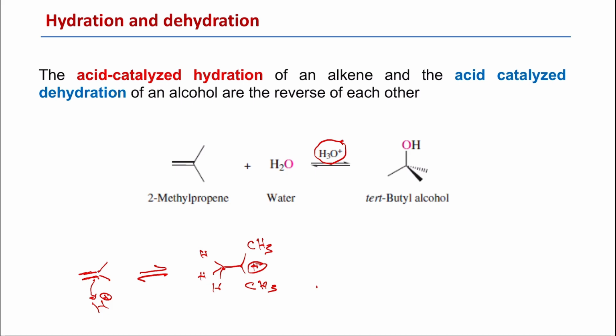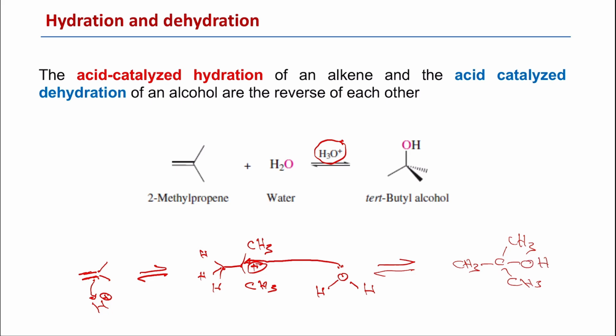And then you have the water, which is now the nucleophile in the reaction mixture, and it will attack the carbon with the positive charge, the carbocation, and that will give you the alcohol now. So you're going to have CH3, CH3, CH3, and then you have the OH.